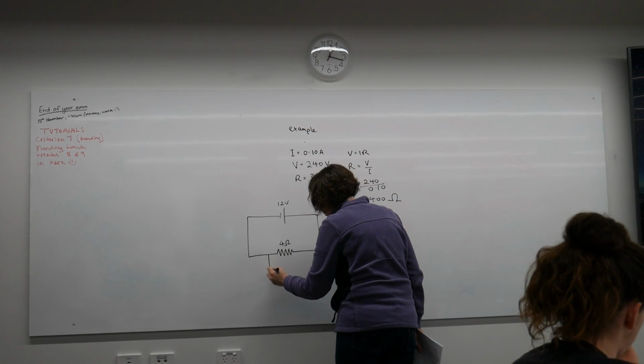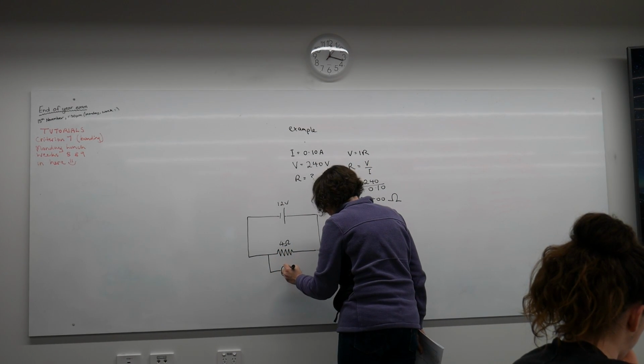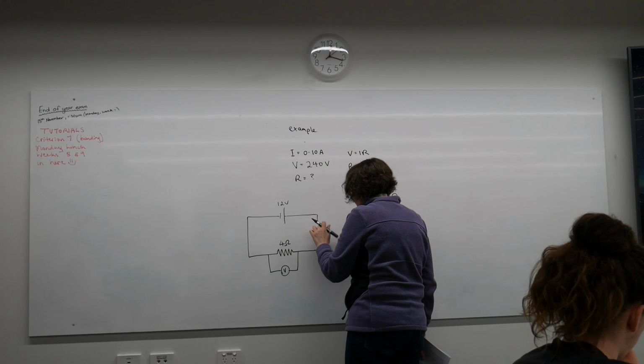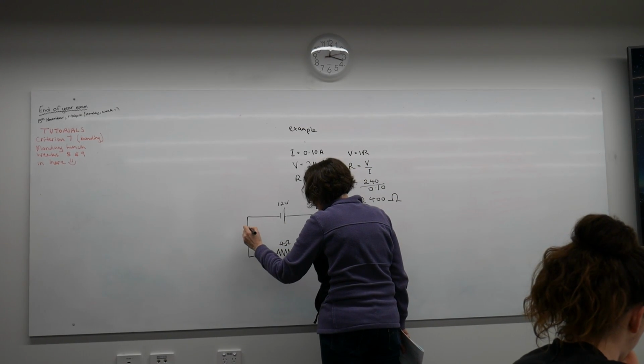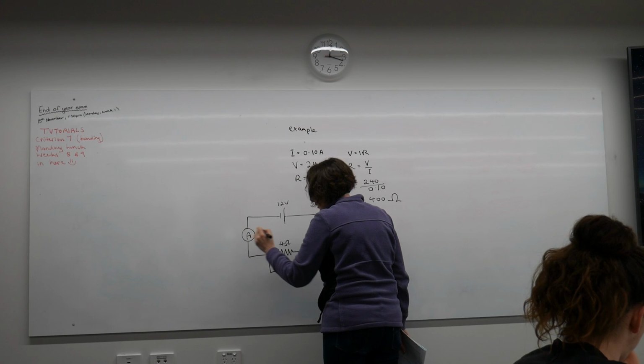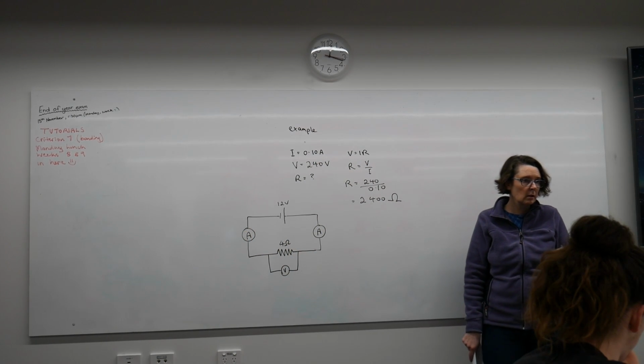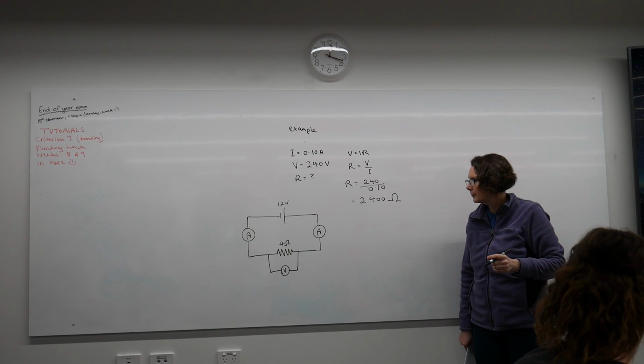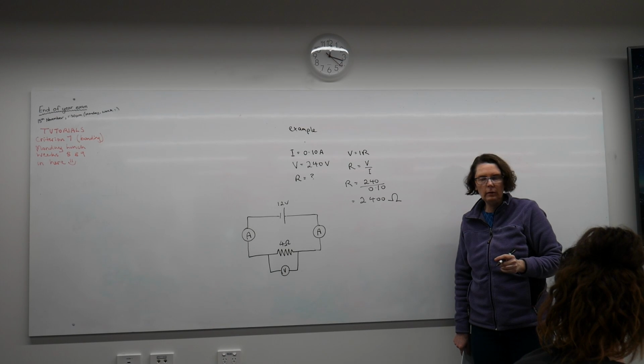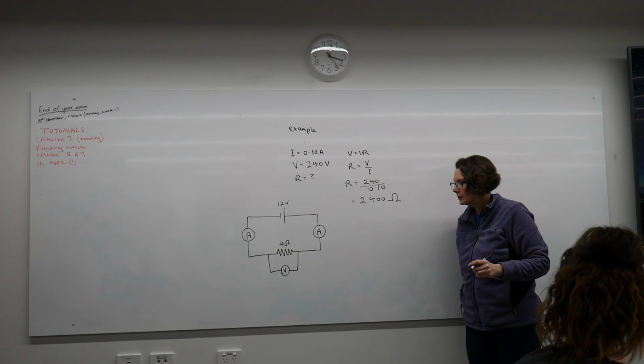I'll put in my voltmeter. And we've got 2 ammeters. What do the ammeters measure? They measure the current. And what do we know about the current in this circuit?